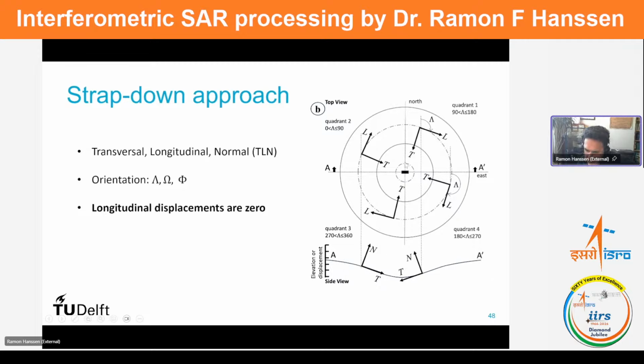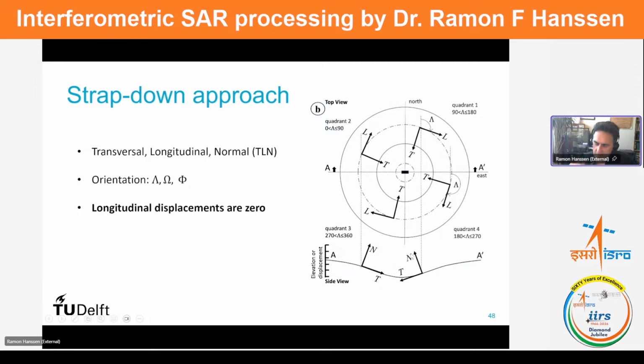So if you have, for example, a subsidence bowl, the ground is going down, indicated by the minus sign over here, then the longitudinal direction is equal to the ISO deformation lines, which are the circular lines that you see here. So lines of equal deformation. Transversal is towards the center of the subsidence, and normal is orthogonal to it. You can see that in the side view over here.